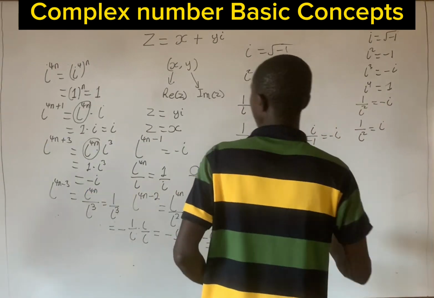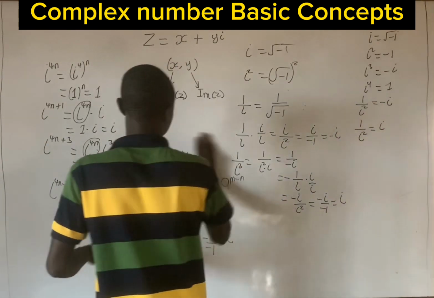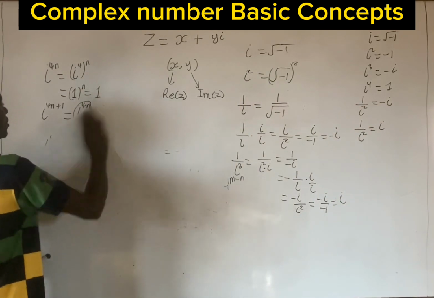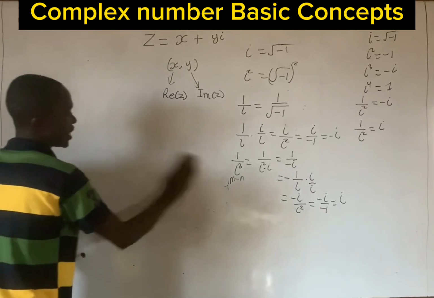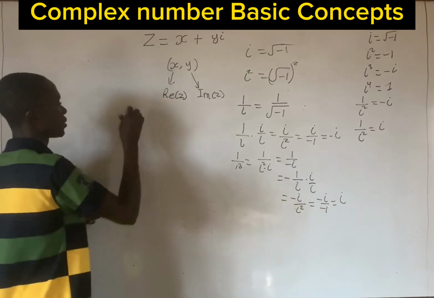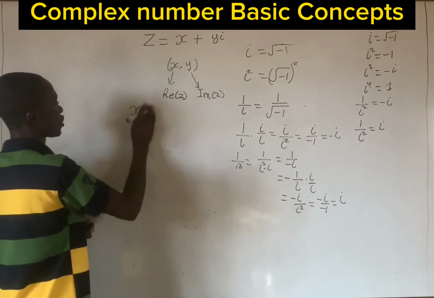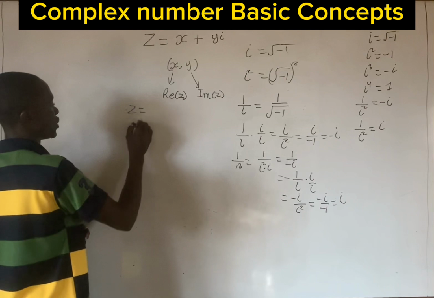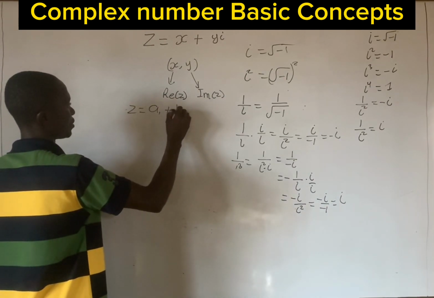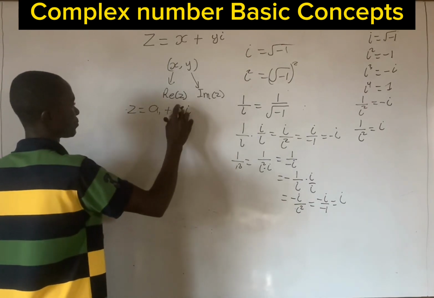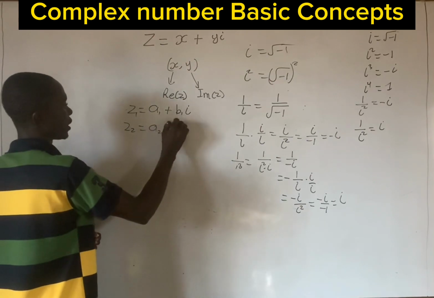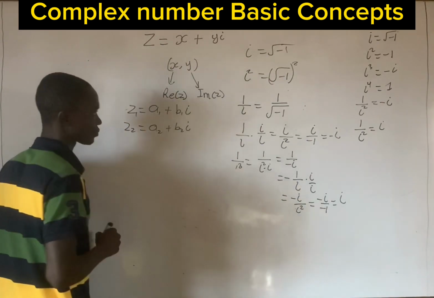Now, if we consider a complex number of the form z1 equals a1 plus b1i, and z2 equals a2 plus b2i.